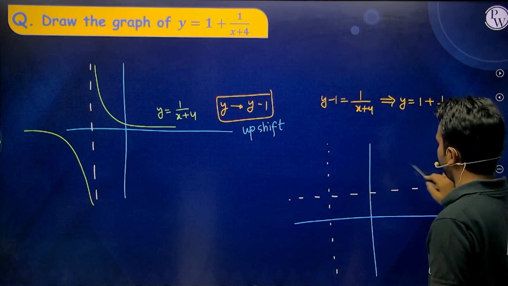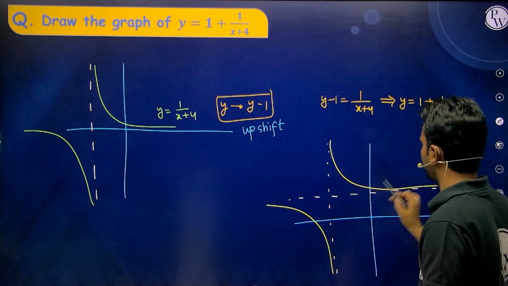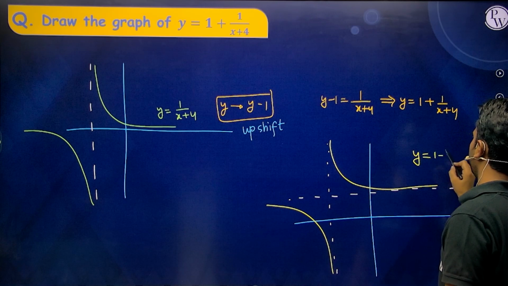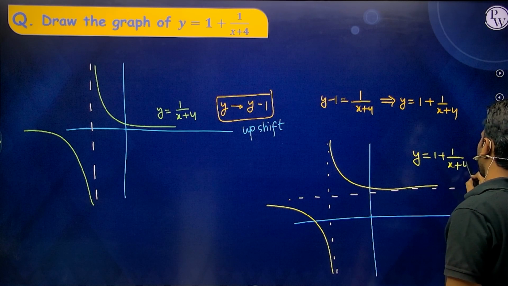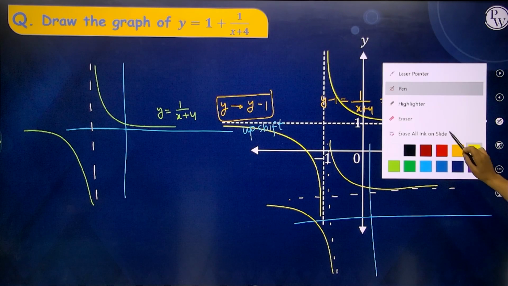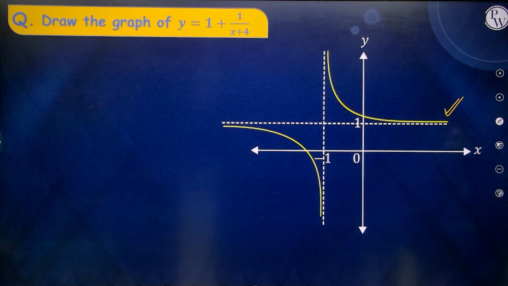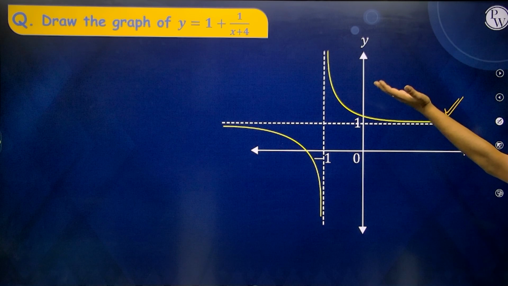The graph will be formed something like this. Try to visualize it, kids. So if I show you, the graph will be looking like this ultimately. Try to feel this, everyone. We have to take every portion of the graph up by 1 unit. That's what we have done.